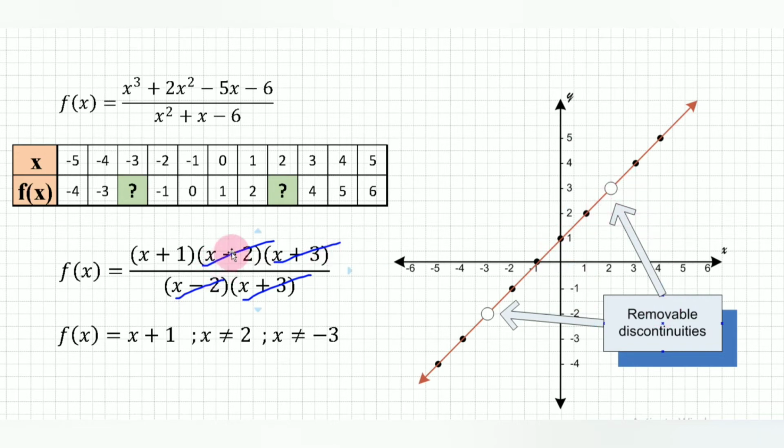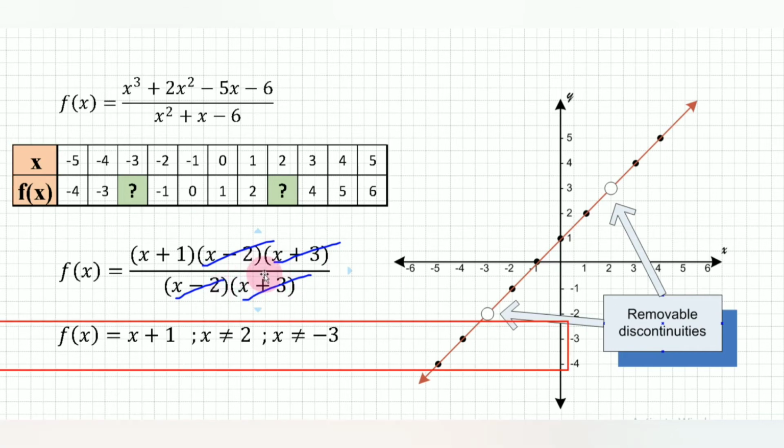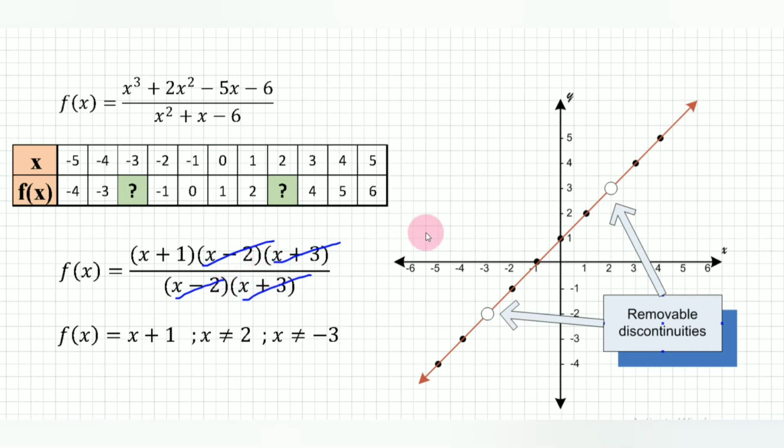Again, since it can be cancelled, it means the discontinuity in your function is removed. Therefore, we call it removable discontinuity, and we have two removable discontinuities, and they are represented by these two open circles or two holes. So don't forget, if you fail to locate these two circles, it means you are showing a different function, not this one.